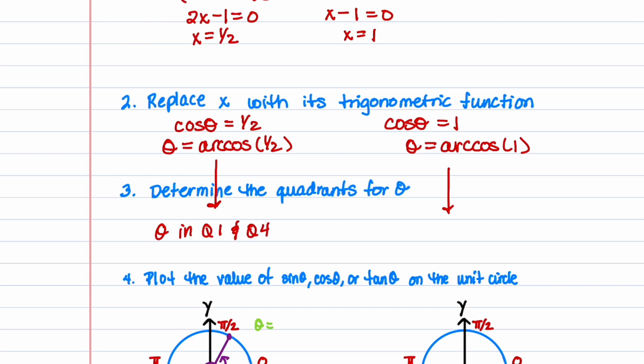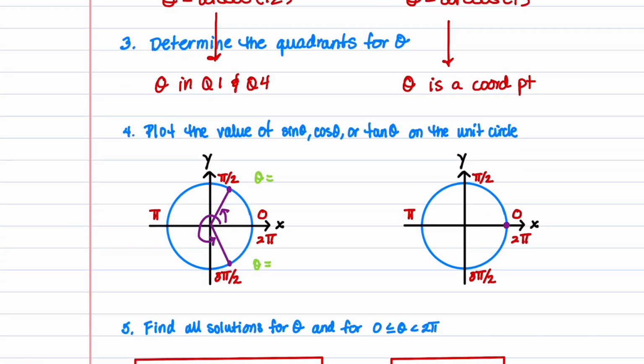For our second equation, cosine theta is 1, so theta is going to be located at a coordinate point. For our first equation, theta is arc cosine of 1/2, and this is equal to pi over 3.